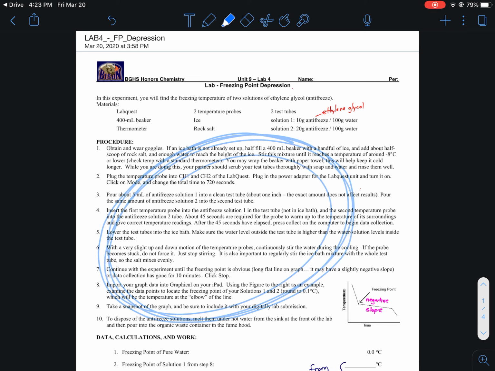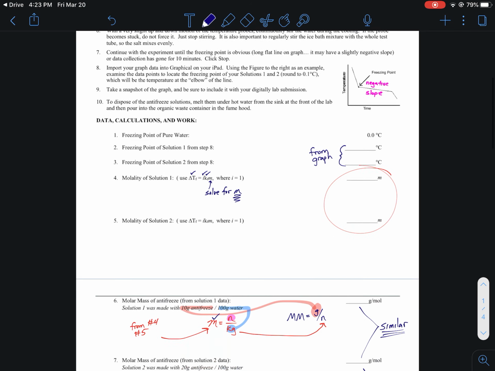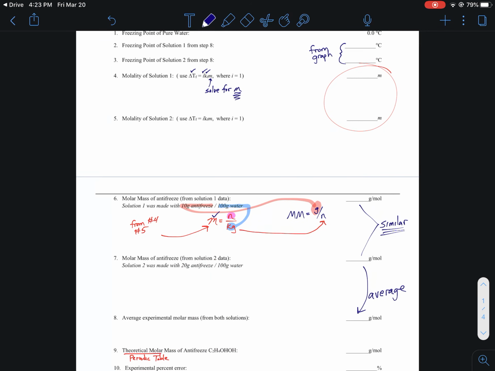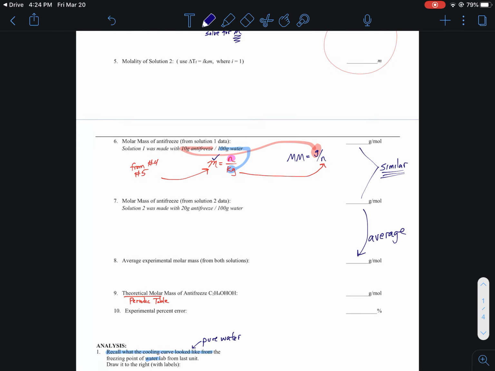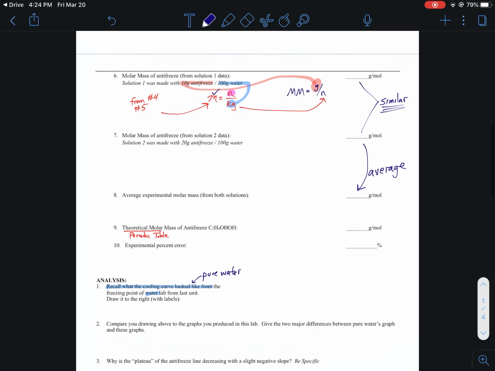Honestly, look through the procedure again and just familiarize yourself with the steps you would have taken if you were doing the lab, and then follow through step by step with the guidance I've given you, and hopefully you'll get a pretty decent value for your molar mass of ethylene glycol, otherwise known as antifreeze.